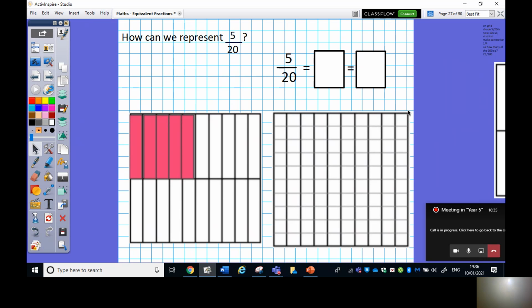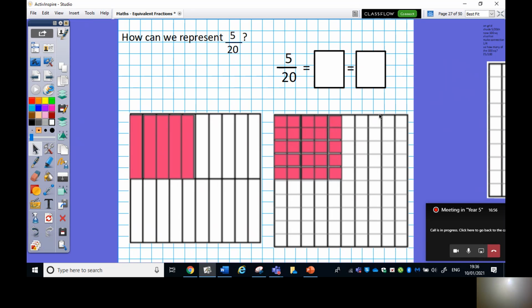Now take a look at the 100th square. How can we represent 5/20ths in the 100th square? So I would try to visualize and make a connection with the quarter and shade that in.